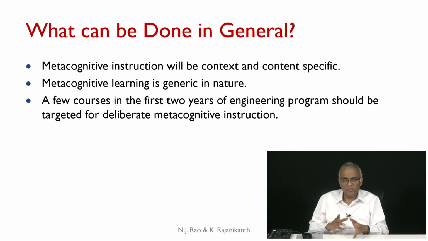How do we choose these courses? You can take a maths course, a programming course, a descriptive course, an engineering science course, or even an English course. A few, five to six courses, can be targeted. That means the instructors for those courses should be trained to deliberately include metacognitive instruction.